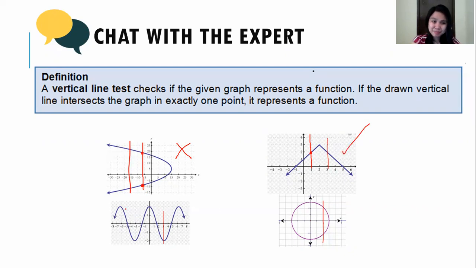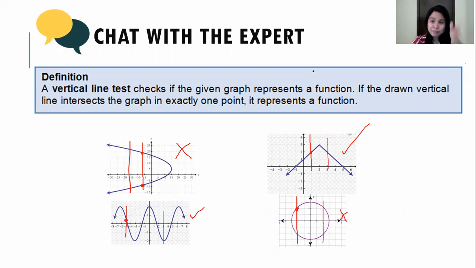And the next one, you draw a vertical line, it only passes the graph once. Therefore, this is a function. And the last one, you draw a vertical line, it crosses the graph on 2 points. Therefore, this is not a function.